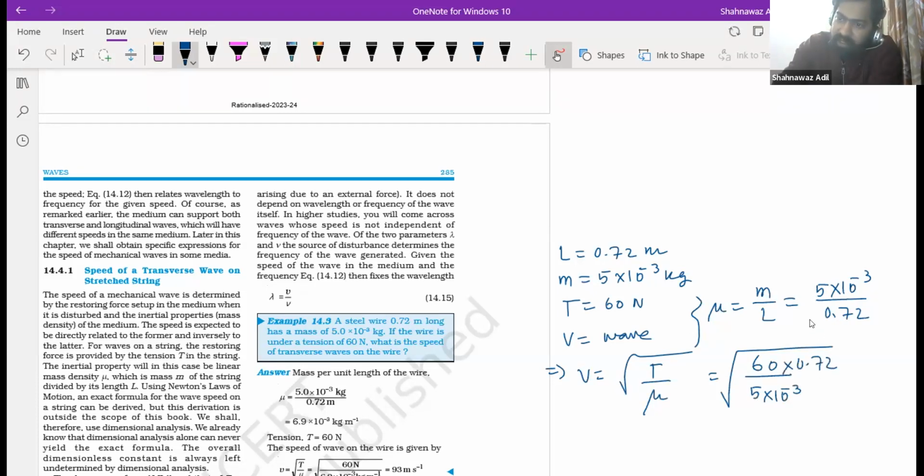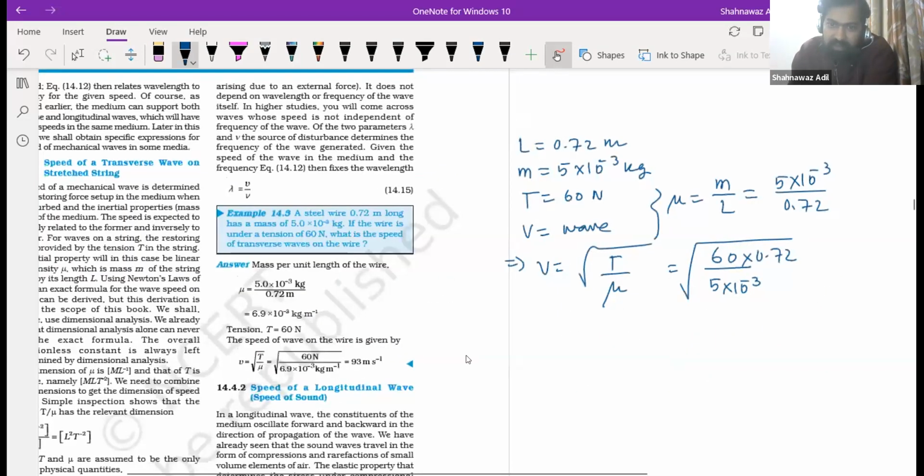So how much is this? This is 12, right? And then this 12 and 0.72, and then this is 3.